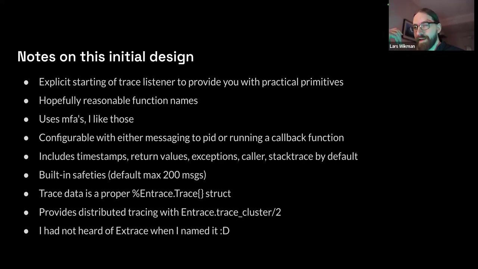The only thing you really call when tracing is Trace.trace, or Trace.trace_cluster if you want to go across your entire distributed cluster. It uses MFAs because I like those. And there's a bunch of options for passing a PID or a callback or an MFA for what you want to do with the trace. It includes a bunch of options that I think are what you typically want by default. So it's timestamps, it's return values, it's exceptions, it's the caller information, it's the stack trace.